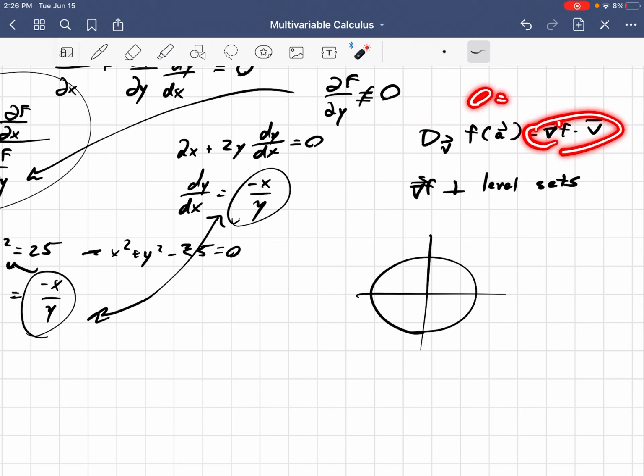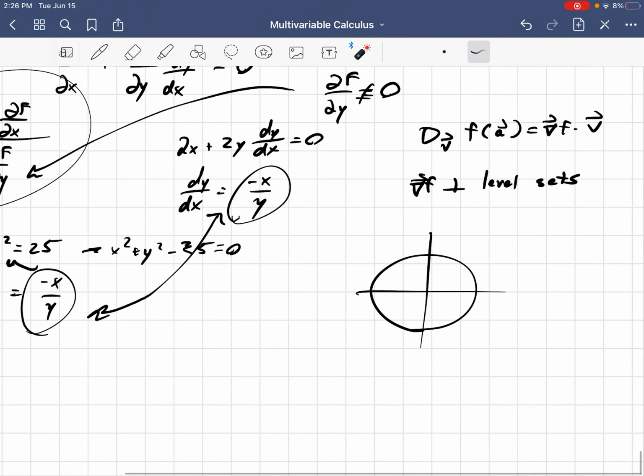And so we get 0 is equal to the gradient of f dotted with the vector v, and therefore the gradient is perpendicular to any tangent vector at that point. In other words, it's perpendicular to all points on the level set. So if I picture the gradient, say, at this point right here, the vector will point like that.